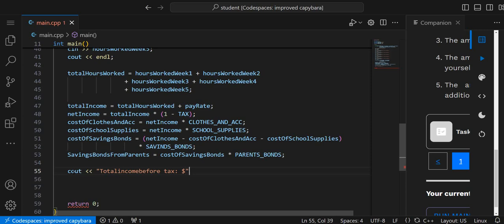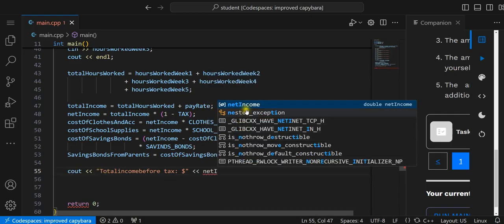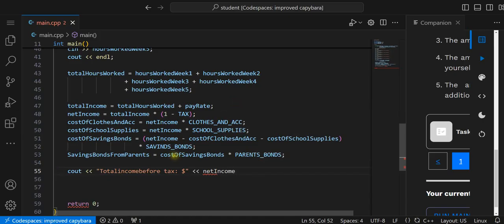Let's go money and space total or net. So net income. Line. Let's go. This is total income. Total income.